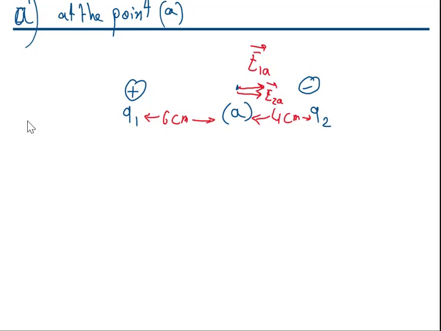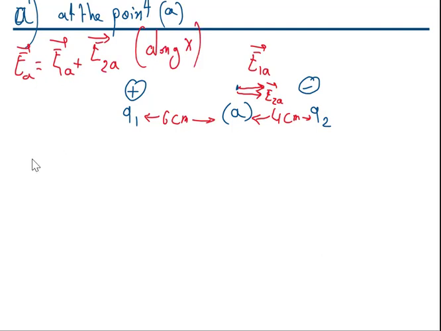It is the vector sum. So E at the point A should be E1 at the point A plus E2 at the point A. All of them along X. So no need to go through the components along X and along Y, because the three vectors, E1A, E2A, and EA, are all along X.